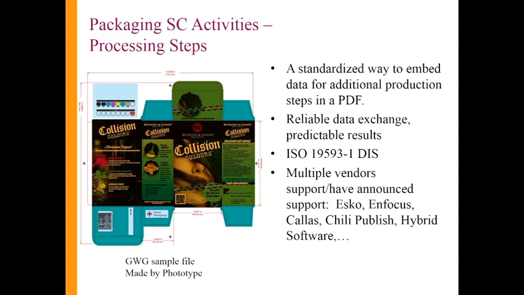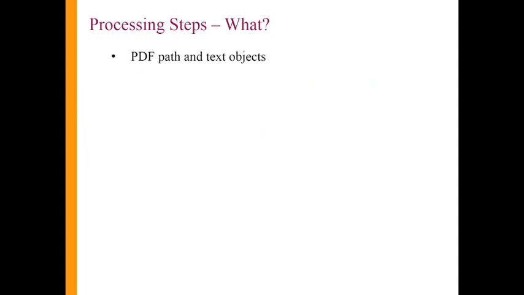So, like Steve already pointed out, it's about standardizing the way of adding data that is not intended for printing inside the PDF. So what is it actually? Well, a PDF is a page description language. So basically, these processing steps contain ordinary PDF objects, PDF paths, and text objects.